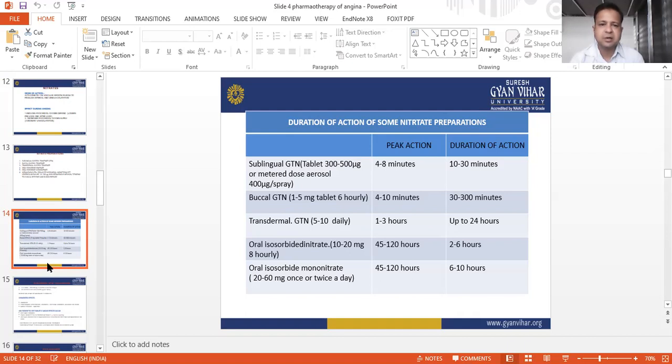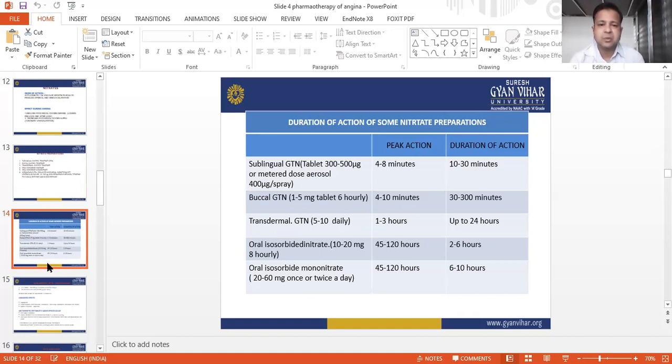Transdermal glyceryl trinitrate, dose is 5 to 10 mg daily, peak action within 1 to 3 hours, and the duration of action is up to 24 hours. Oral isosorbide dinitrate, dose is 10 to 20 mg 8 hourly, peak action 45 to 120 hours, duration of action is 2 to 6 hours.